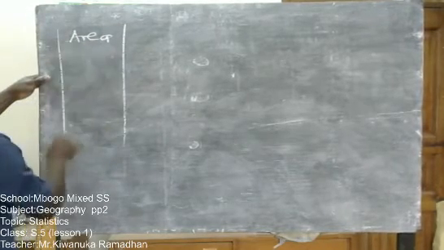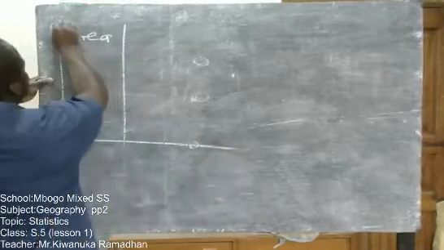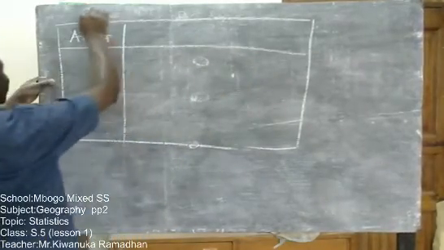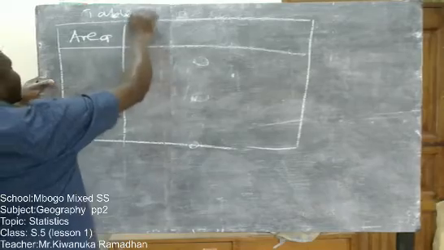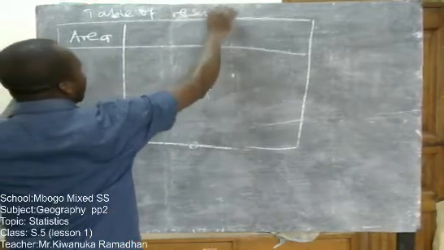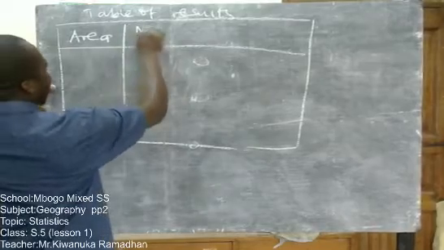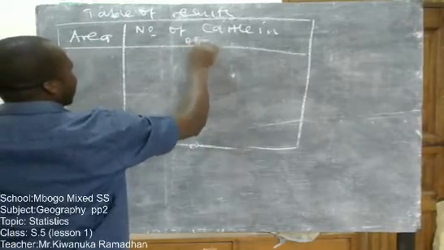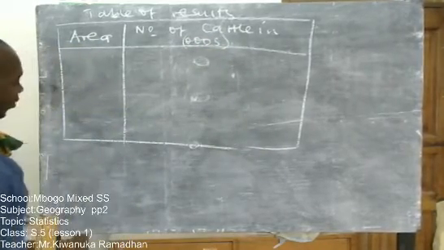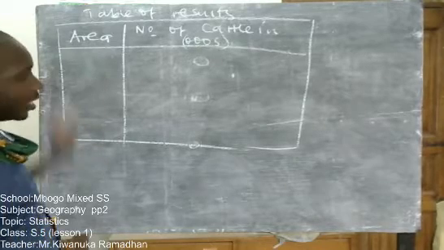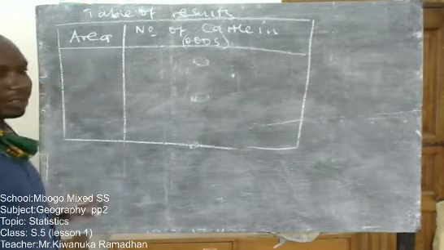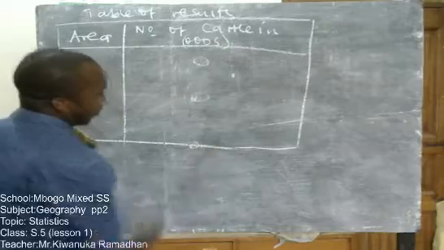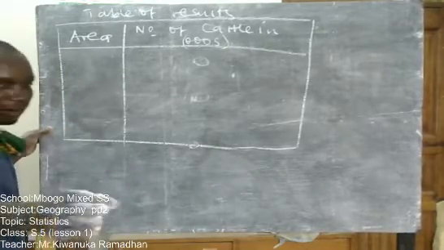I'm now making a summary of how we came up with our cumulative table. This is our table of results, the number of cattle in thousands. I said that after looking at that table, study it such that you internalize whatever is hidden there. So we have studied our table, we have arranged in order.